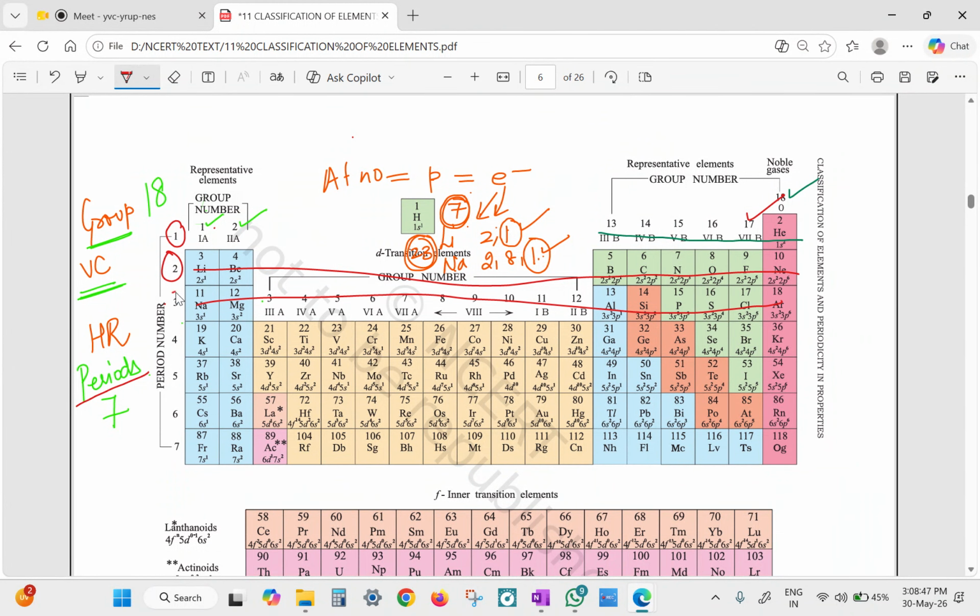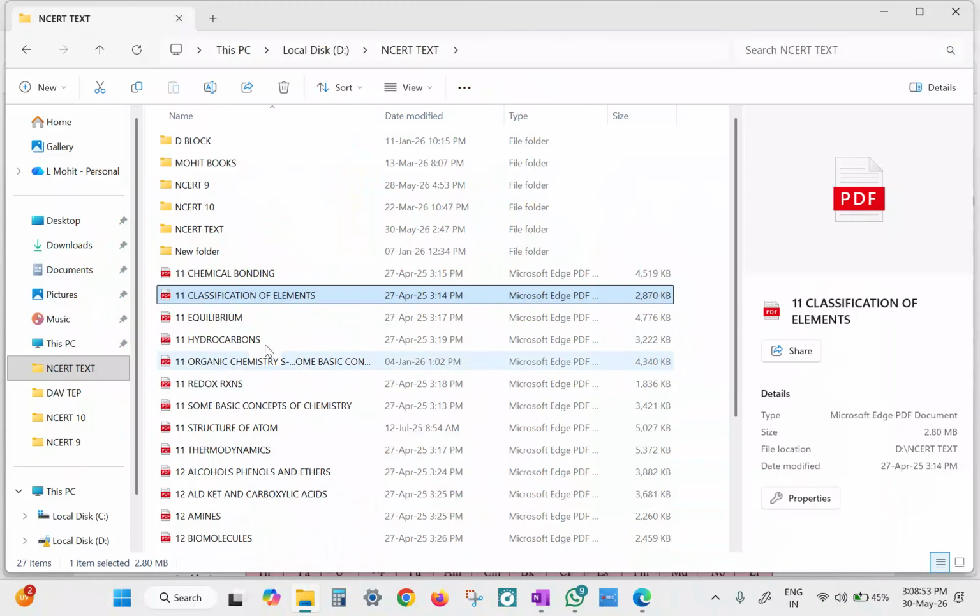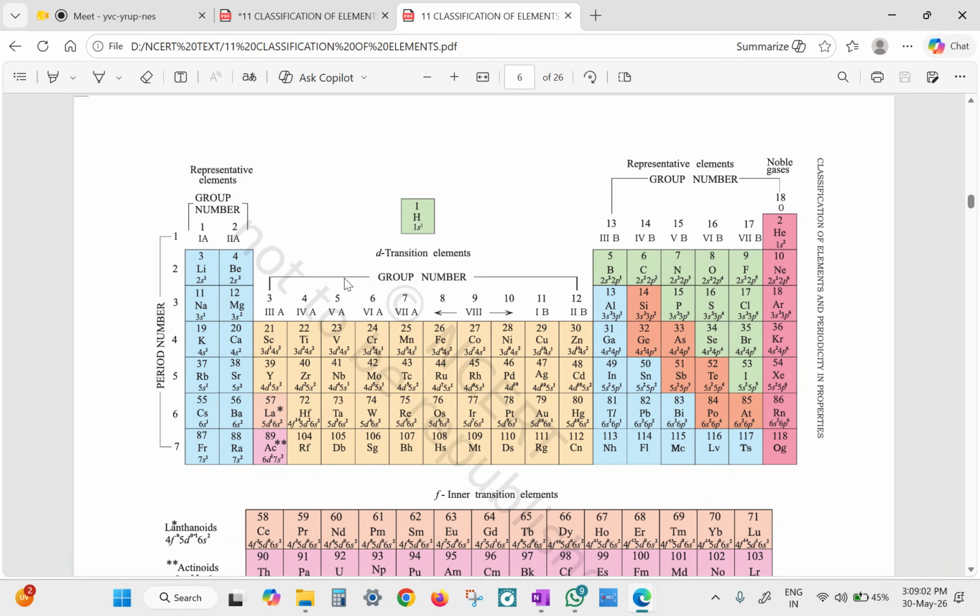So there are totally 7 periods. Are we clear? Yes, miss. Okay. Now, I told you the entire classification is based on the similarity not in atomic number, not the number of electrons, but the number of valence electrons, correct?